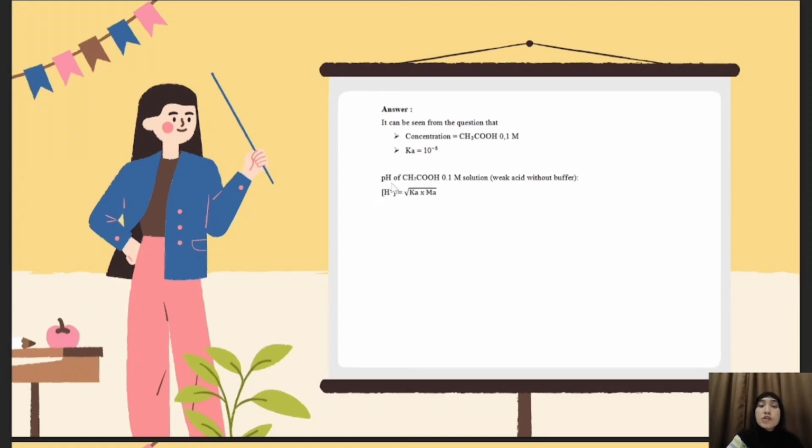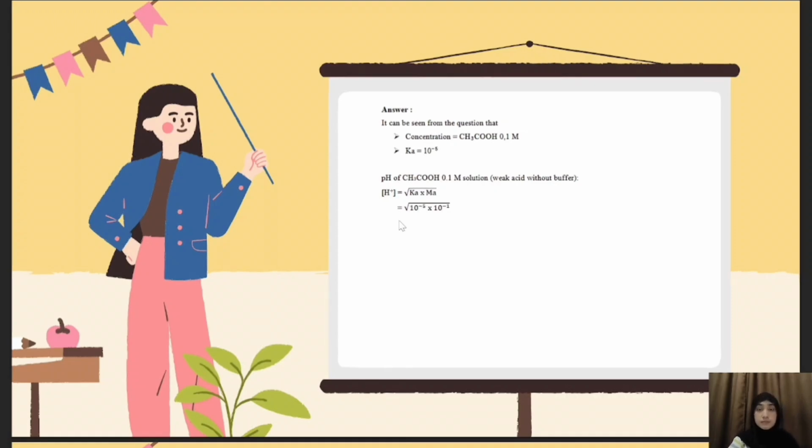Okay, the pH of the CH3COOH 0.1 M solution, a weak acid without buffer, is: first, concentration of H plus equals the square root of Ka times Ma.